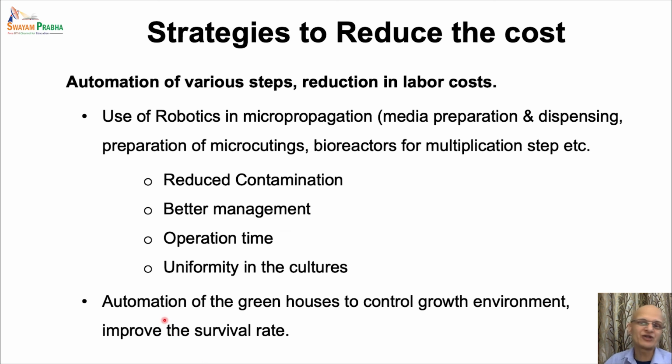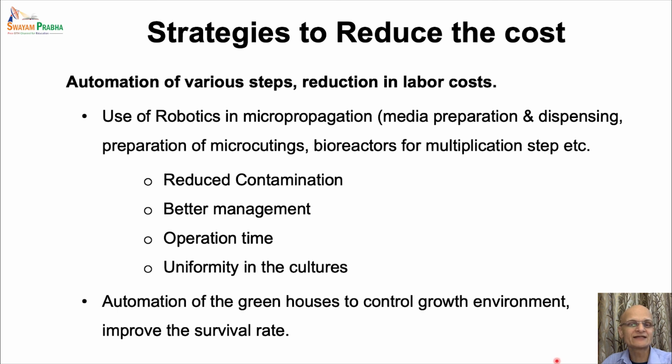The automation of the physical environment, which is comparatively easier to automate, like in the culture room or the growth room or the greenhouse, can improve the productivity or the survival rate of the plantlets significantly.